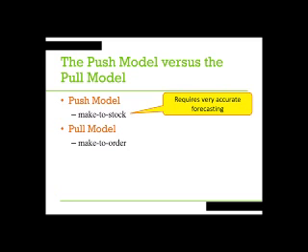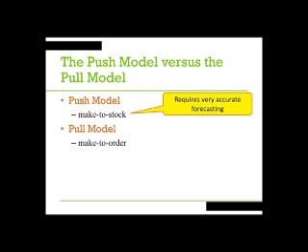The pull model is just the opposite. It says, I'm not going to make anything unless somebody wants it. And as soon as somebody says they want it, then I'll make it. So I never carry any excess inventory. I only make what is required.